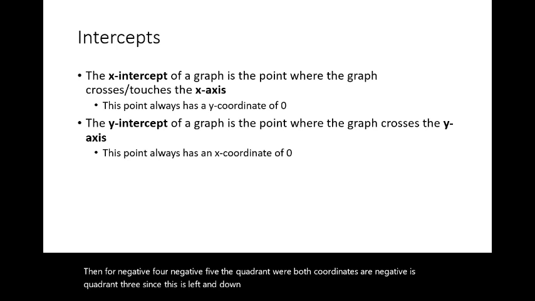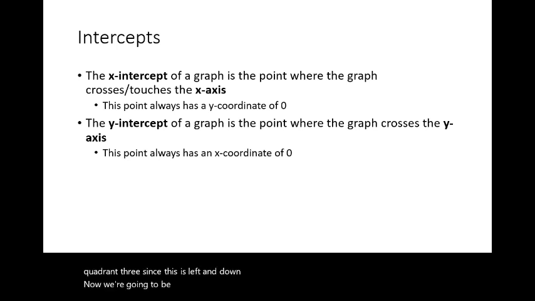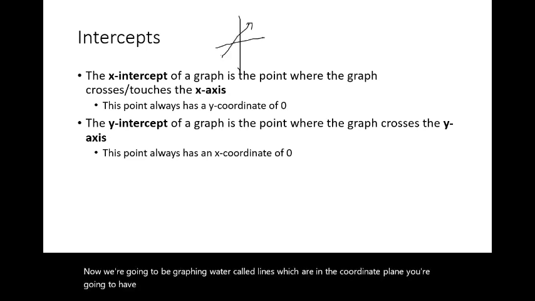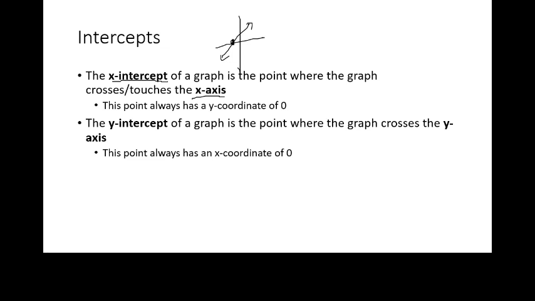Now, we're going to be graphing what are called lines, which are, in the coordinate plane, a line that is running through it. That line is going to cross the x-axis and the y-axis. The x-intercept is the point where the graph either touches or crosses the x-axis. Any point that is sitting on the x-axis is going to have a y-coordinate of 0 because there were no movements up or down.